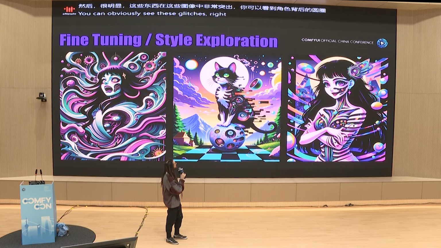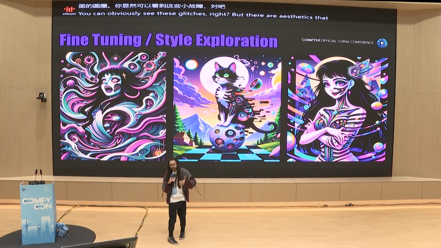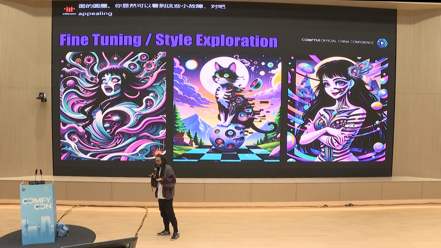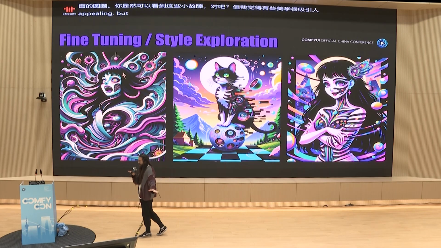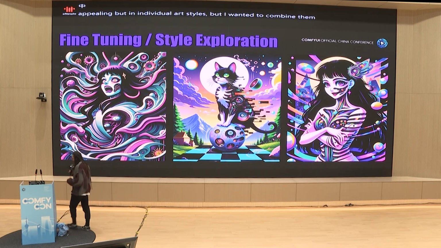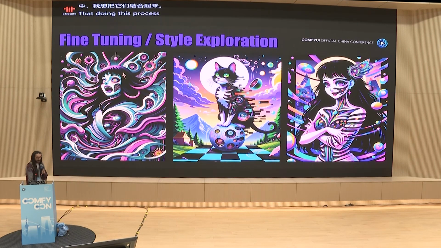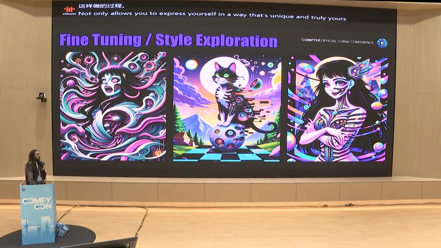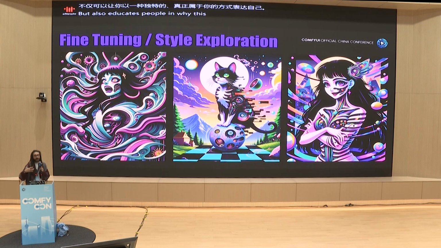They're aesthetics that I found appealing in individual art styles, but I wanted to combine them. And I think that doing this process not only allows you to express yourself in a way that's unique and truly yours, but also educates people in why this software, this process, AI in general, is an actual art.